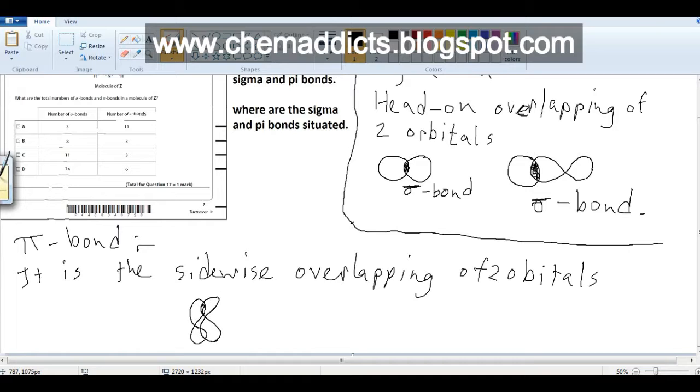Here two joining is one pi bond. In here one joining is one sigma bond. Here one joining is one sigma bond. But for pi bonds, two joining is equivalent to one pi bond.